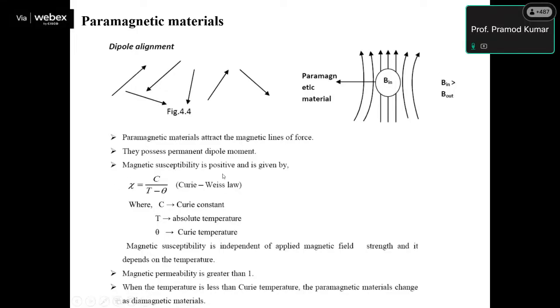We can easily calculate susceptibility using this formula: chi equals C upon T minus theta. Here C is the Curie constant, T is the absolute temperature, and theta is the Curie temperature. Magnetic susceptibility is always greater than 1. And when the temperature is less than the Curie temperature, the paramagnetic material changes to a diamagnetic material. So basically, it's temperature dependent.